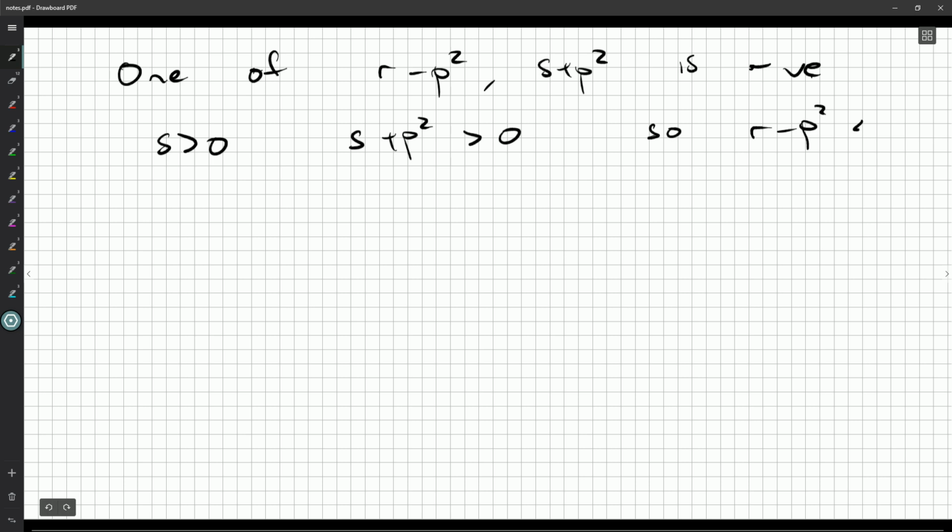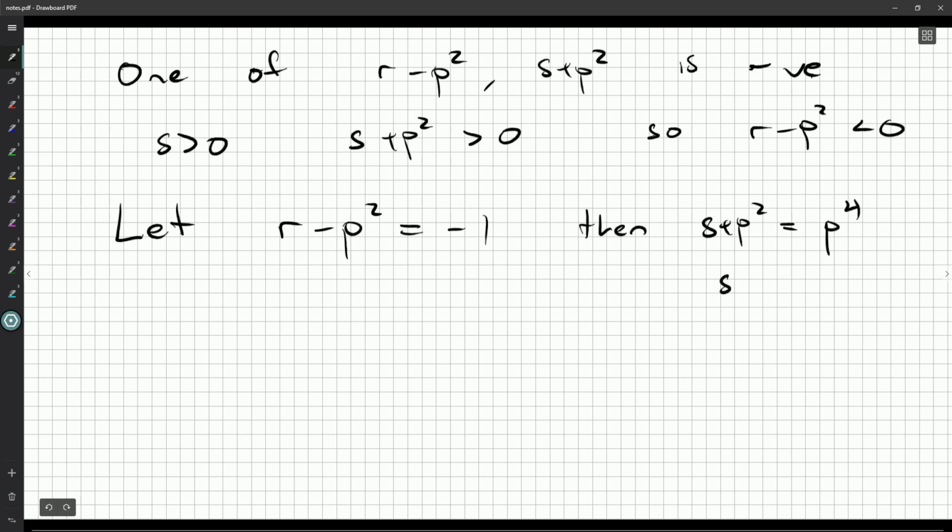So r minus p squared must be the negative one. Okay. I think it should just work by saying let r minus p squared equal negative 1. Then s plus p squared will have to be the p to the 4.